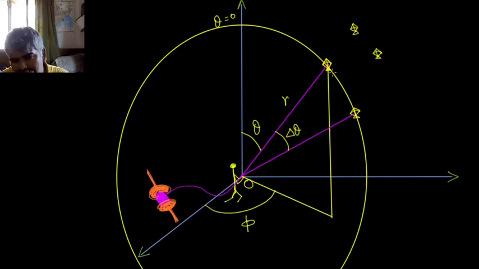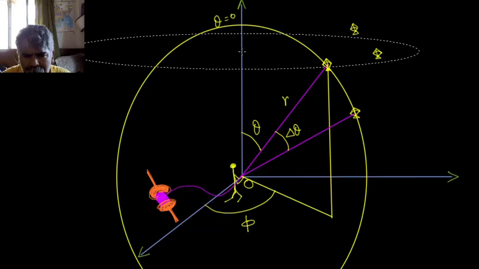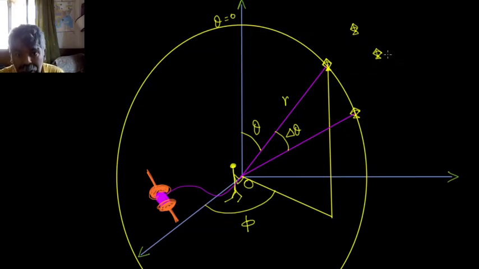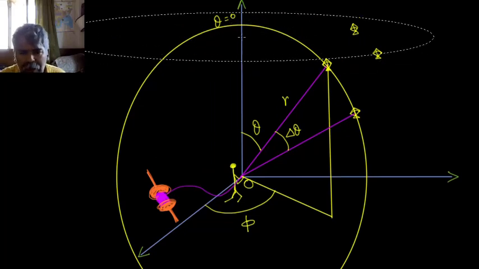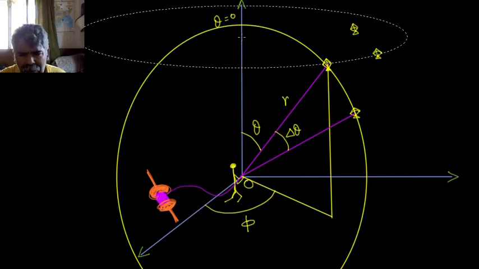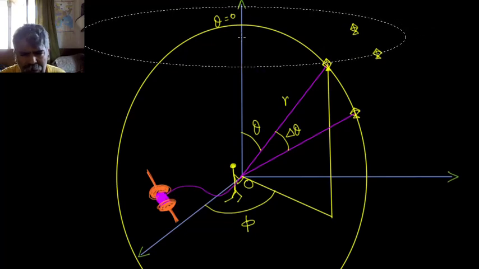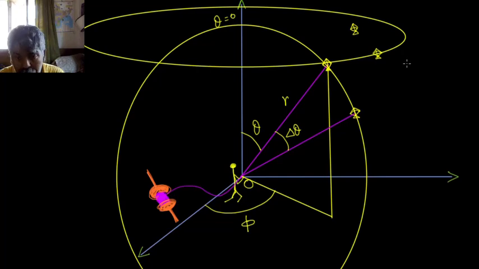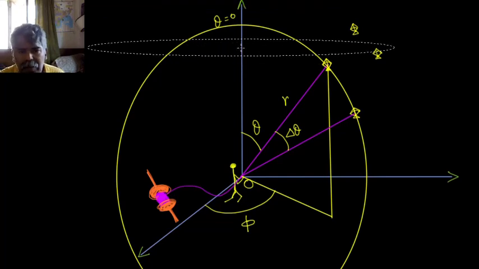Now similarly, if this kite moves in the horizontal direction, that means along the latitude, what exactly happens? Let me manage it, please bear with me.